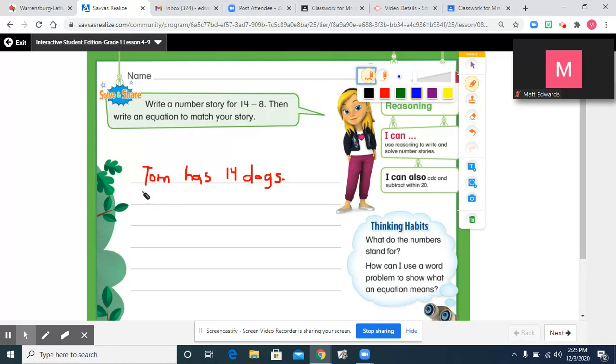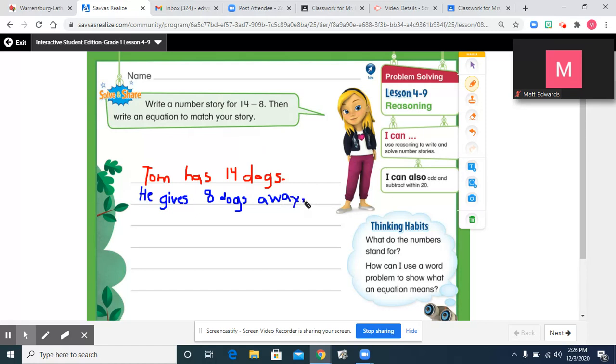So we could say that he gives 8 dogs away. All right, and I need another period at the end.